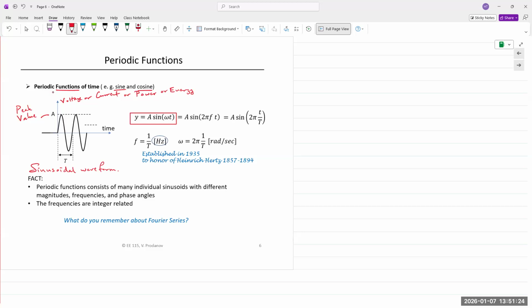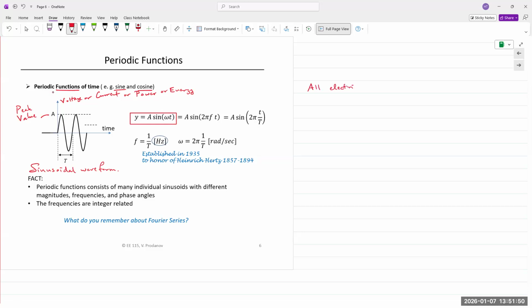So the way the electrons move and the waveform that is generated, it goes north, south, north, south, and that's why we have that kind of shape. Mathematically, it turns out it's a sinusoidal waveform.